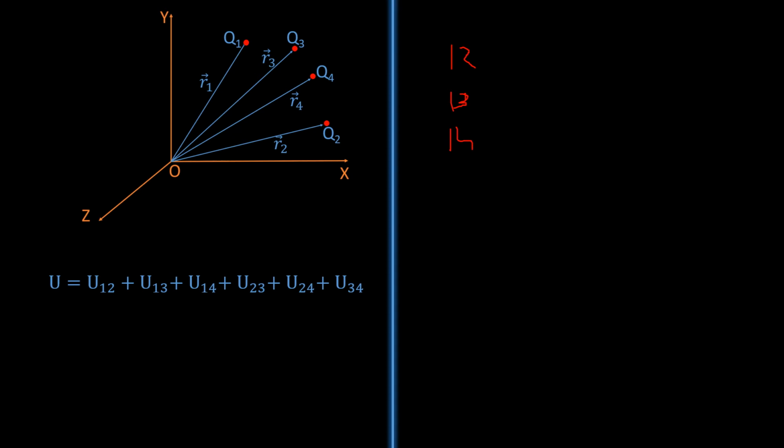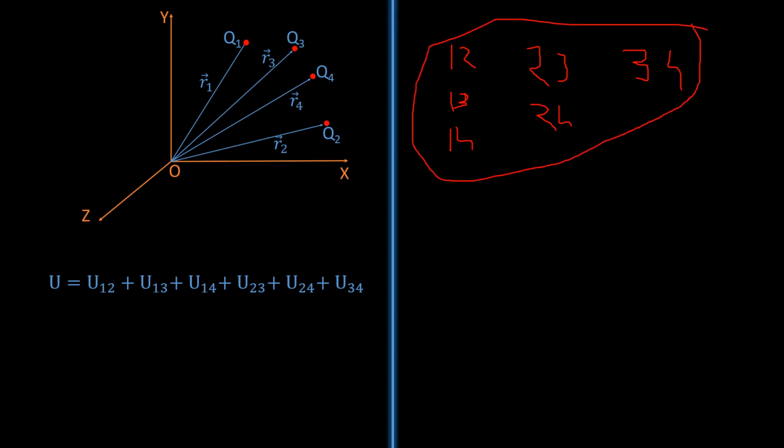So 3 pairs just due to the first charge. Then the second charge will have its pair possible with the third and fourth charge, so 2 pairs due to the second charge, and then the third charge will have one possible pair, the fourth, because its pair with the first and second is already considered. So total 6 pairs we have, and hence if I want the potential energy of this system, I should be summing up the potential energy due to these 6 pairs.